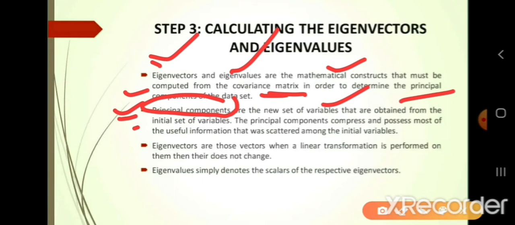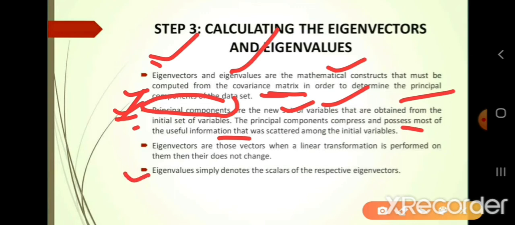The principal components compress most of the useful information that was scattered among the initial variables.